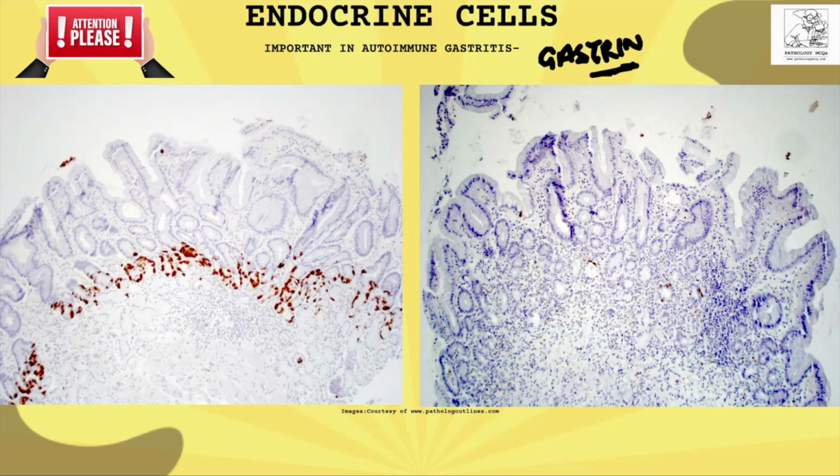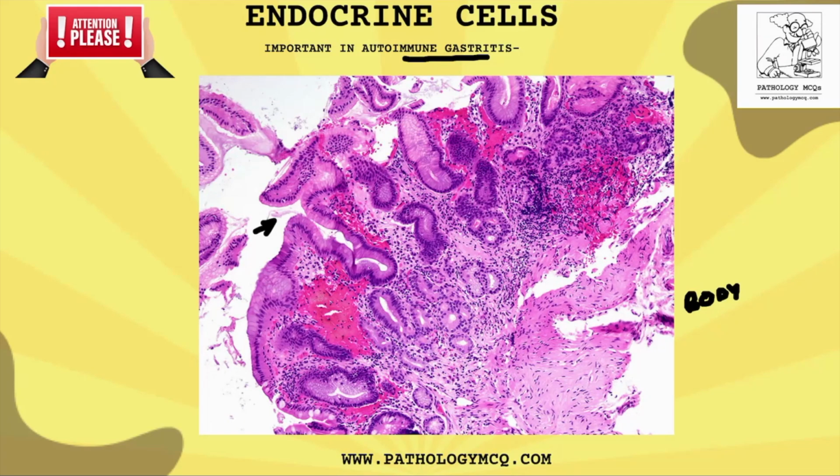So when you do a gastrin immunostain to identify the G cells, you can see presence of G cells like this, and when you see this, the biopsy is an antral biopsy. However, in contrast, when there are no G cells staining, then it could be a biopsy from the body, and it could be a case of autoimmune gastritis which has undergone antralization.